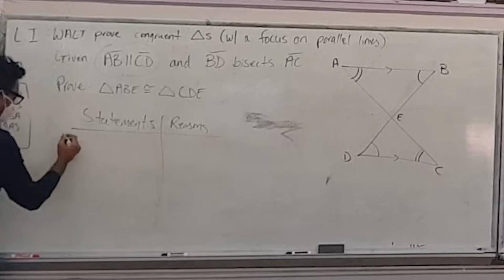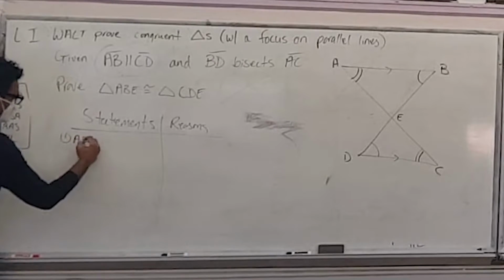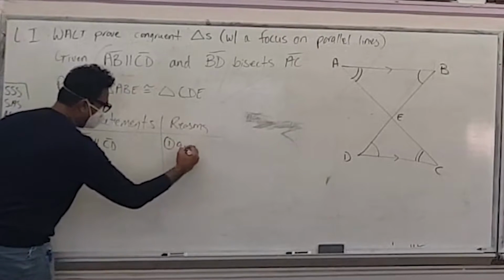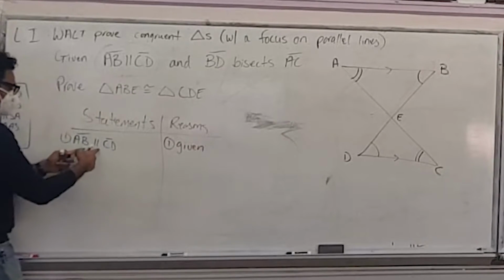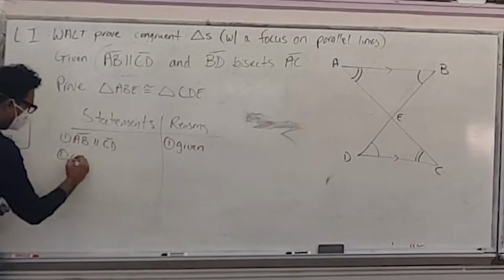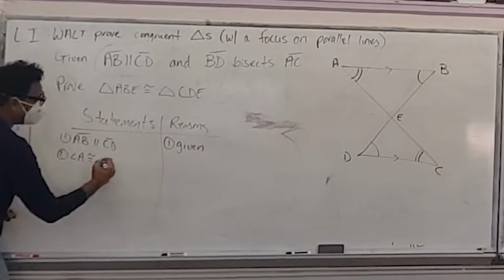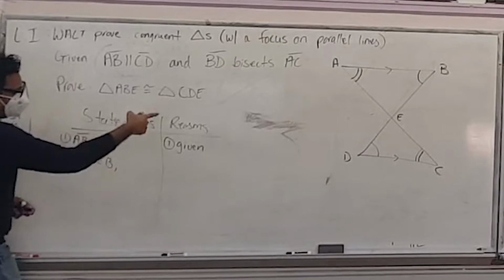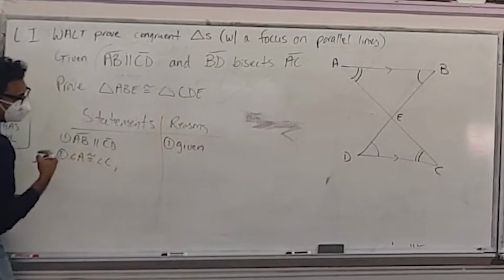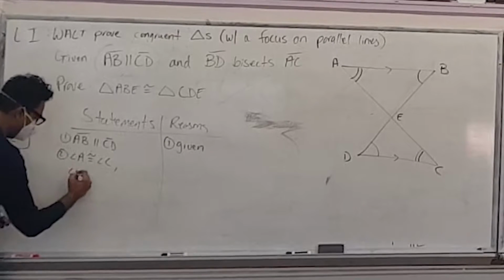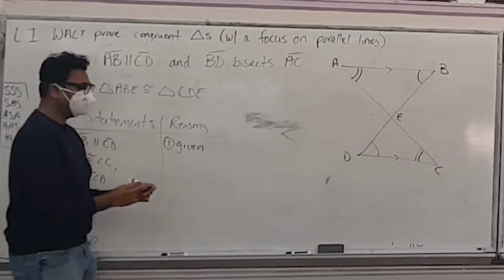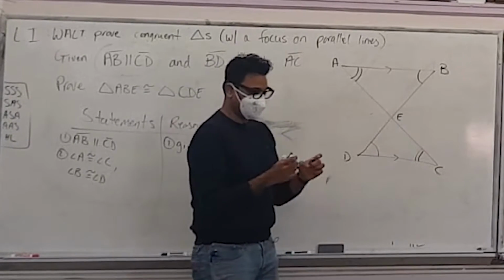All right, so let's write that. AB is parallel to CD because it's given. I'm not going to chunk all of the givens this time because I want to say, because of this, I know that angle A is congruent to angle B, and at the same time, angle A is congruent to angle C, and at the same time, angle B is congruent to angle D. A transversal is simply a line that goes through other lines.